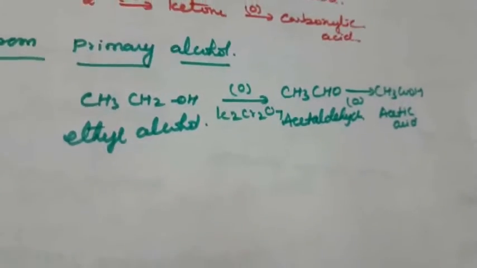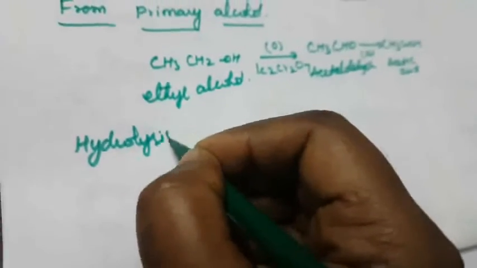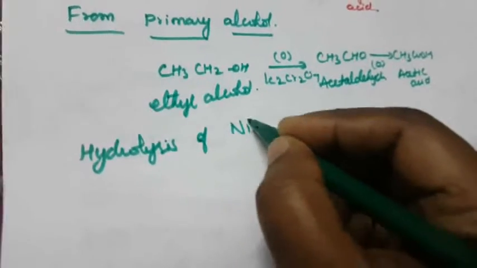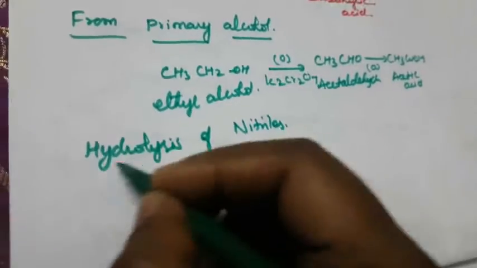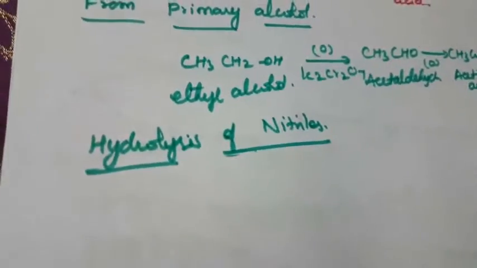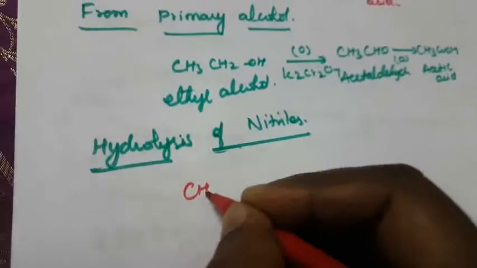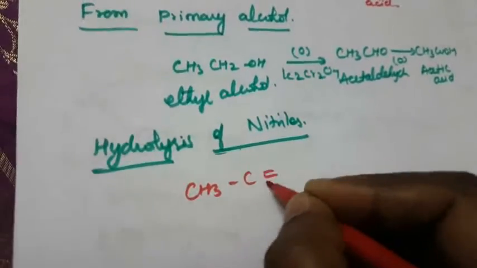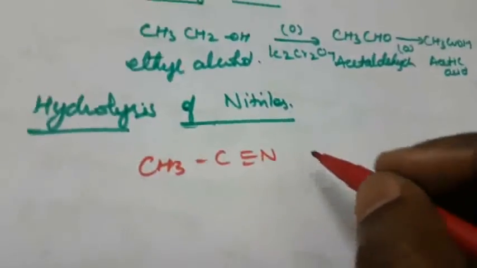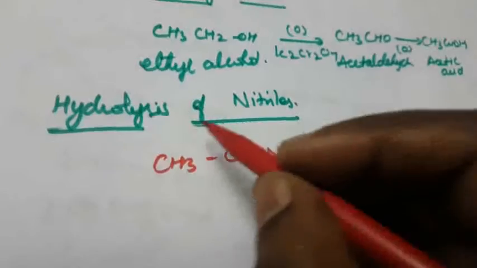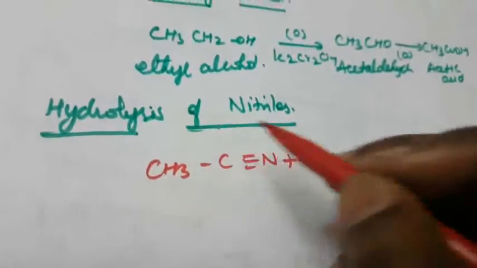Next one, hydrolysis of nitriles. What is a nitrile? That is a cyanide compound. What is the hydrolysis of a nitrile? Take methyl cyanide, CH3 C triple bond N. Hydrolysis means breakdown with water molecule.